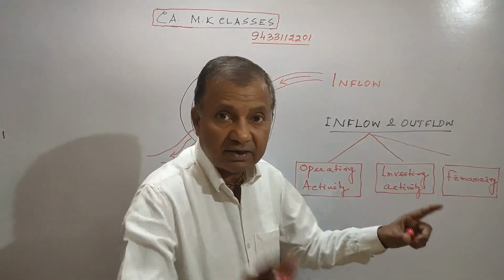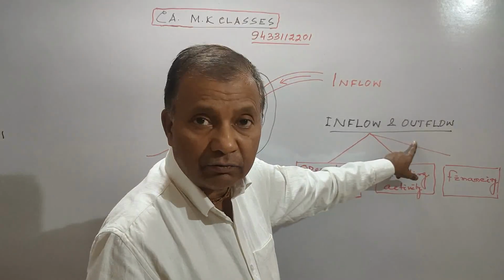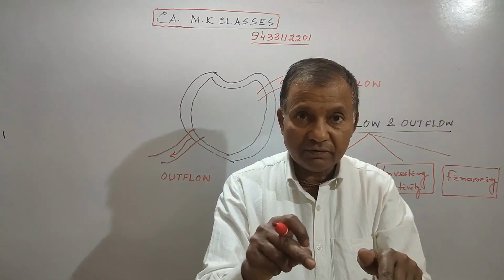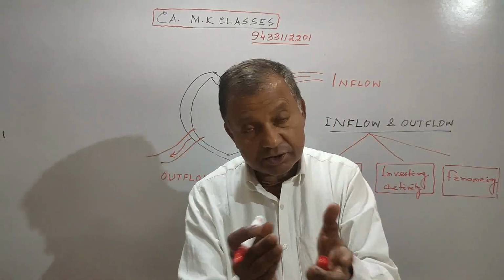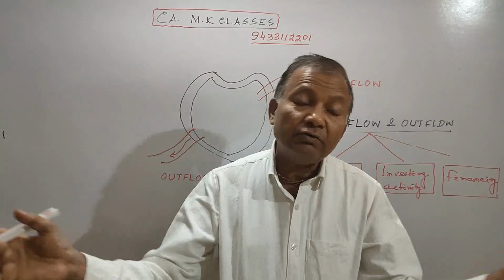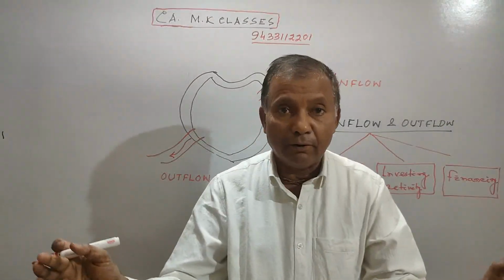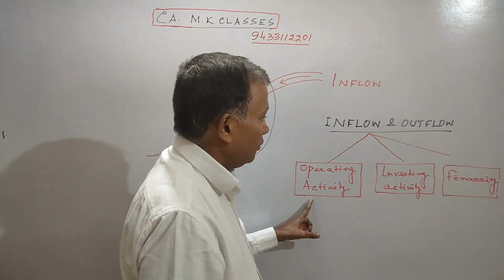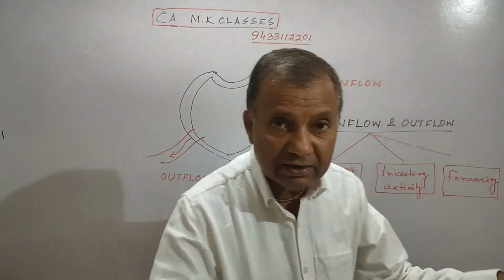So these are three activities for all the inflow and outflow of cash. Inflow is positive and outflow is negative. That is, money going out is called outflow, and money coming in is called inflow. And all this inflow and outflow is divided into three parts.